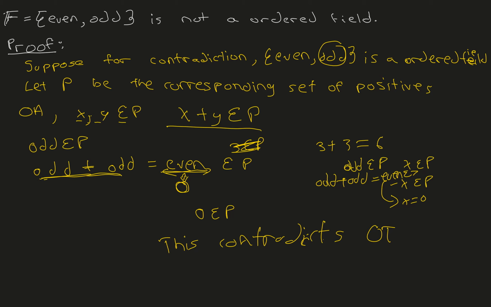So this is something strange. This is a contradiction. So this contradicts OT. This shows that our assumption that the field is ordered is wrong, because something strange is happening. So our assumption that the even odd field is an ordered field is wrong. This proves that the even odd field, this strange looking field, is not an ordered field.